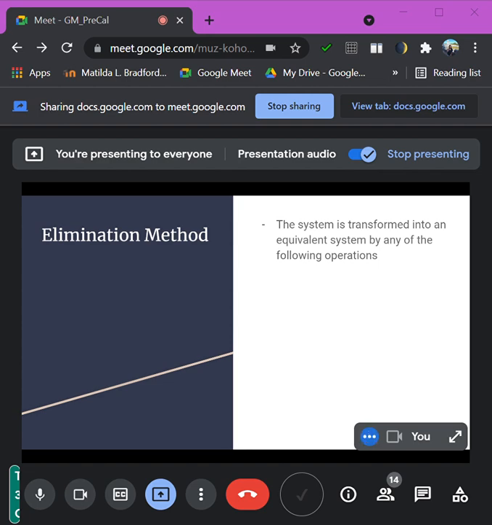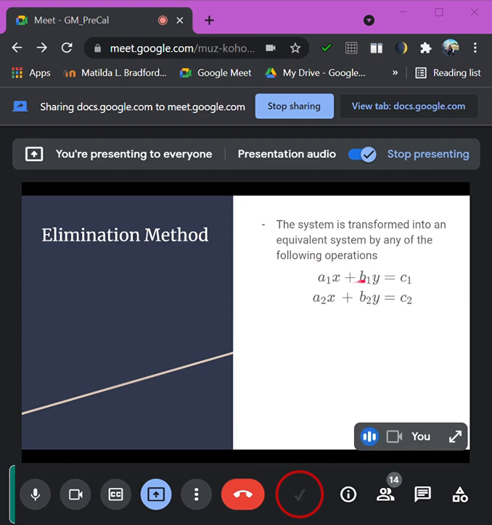The system is transformed into an equivalent system by any of the following operations. So, you can have a sub 1 x plus b sub 1 y is equal to c sub 1, and then a sub 2 x plus b sub 2 y is equal to c sub 2.